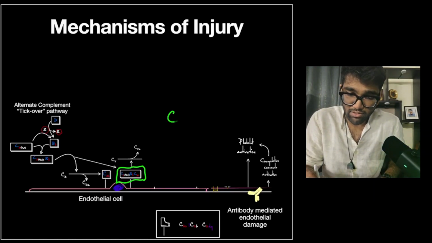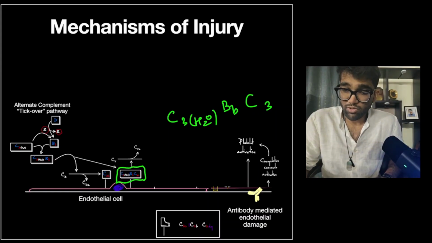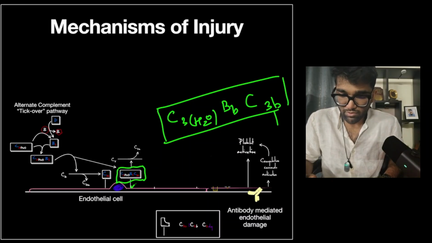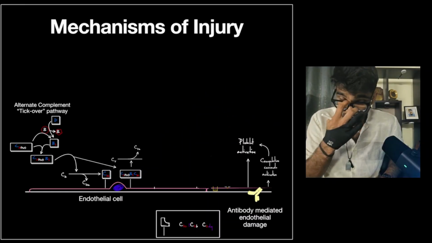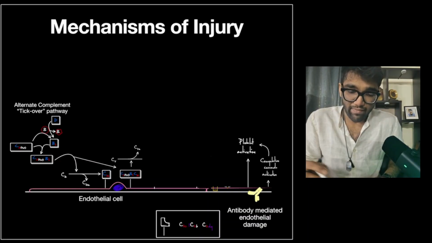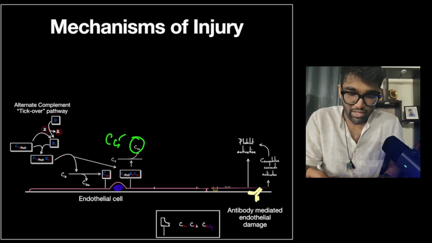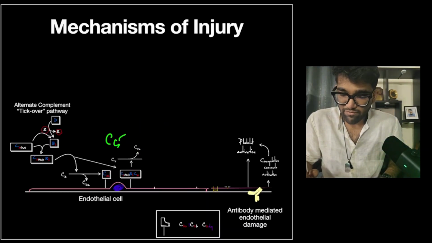And because C3b is membrane bound, this is also a membrane bound complex. Now once you've got your membrane bound C3H2O Bb C3b complex, that starts to hydrolyze C5, that is complement factor 5, to produce C5a, and additionally also produce C5b.